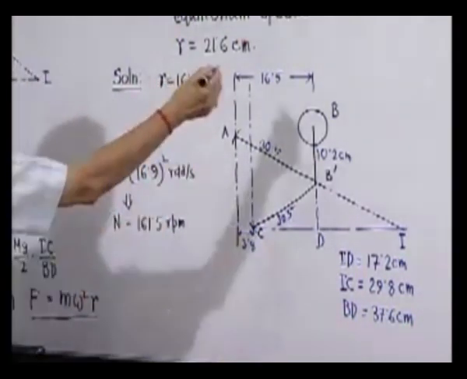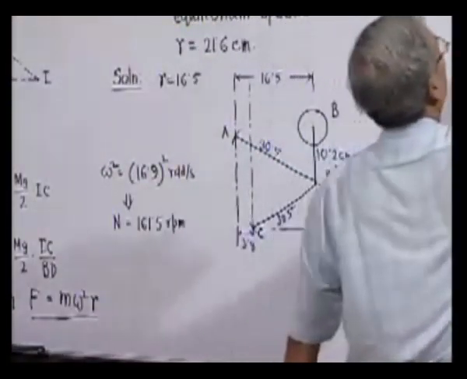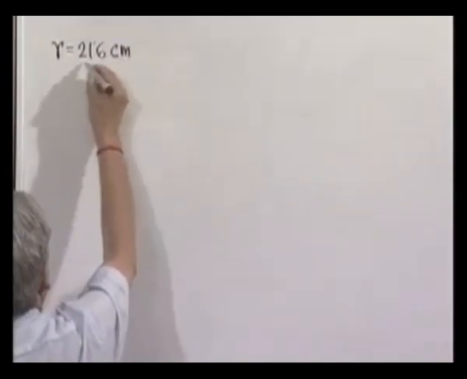Now if we go to the other value, R is equal to 21.6, then how to solve it?